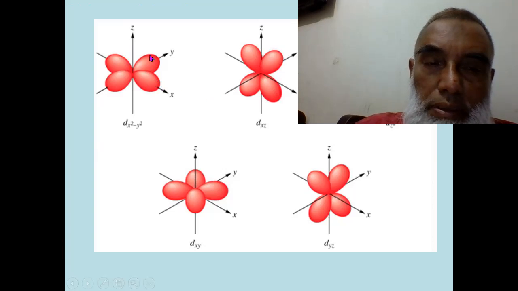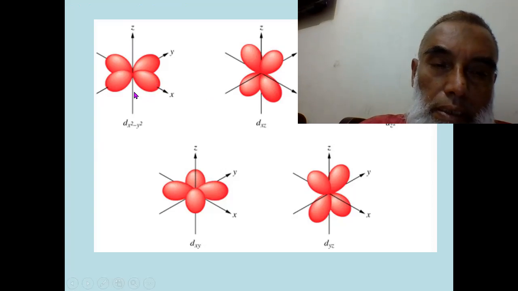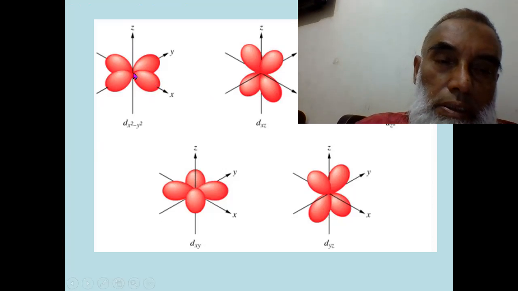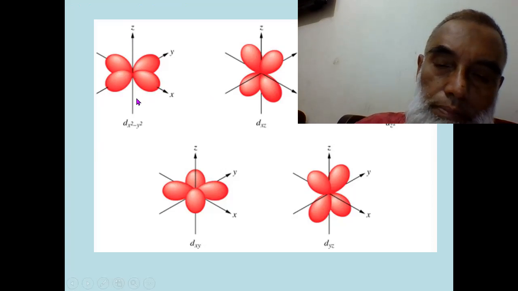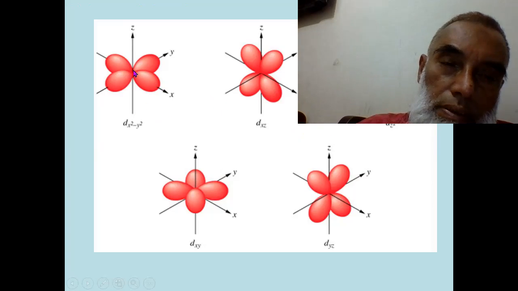These 5 d orbitals lie in space as follows. In dx square minus y square, the orbitals lie along the x-axis and y-axis, and the z-axis is free. In dz square, the orbital is only along the z-axis, and the other two are free.